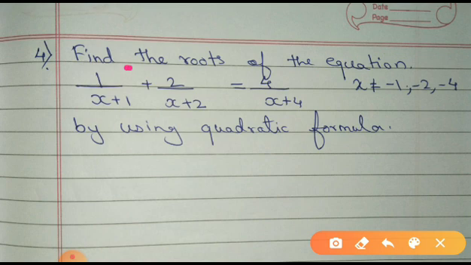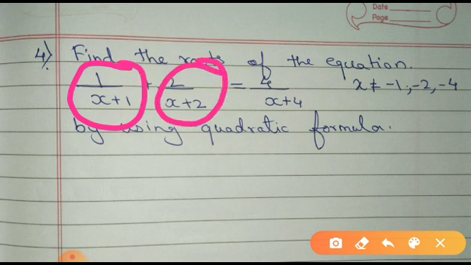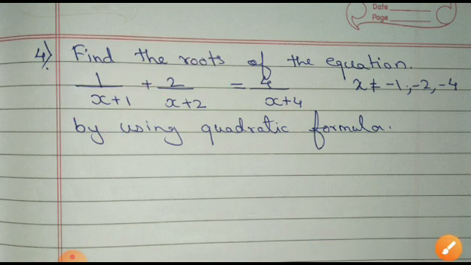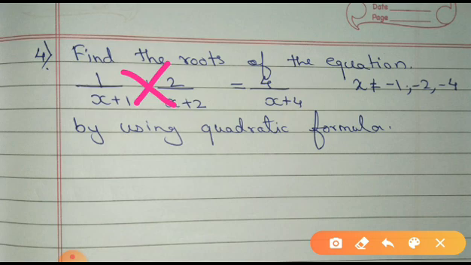No, because here it is 1 by x plus 1, here it is totally different, 1 by x plus 2, and on the RHS you have 4 into 1 by x plus 4. That means I cannot take any of those terms as y. So what is the usual method? Cross multiplication.